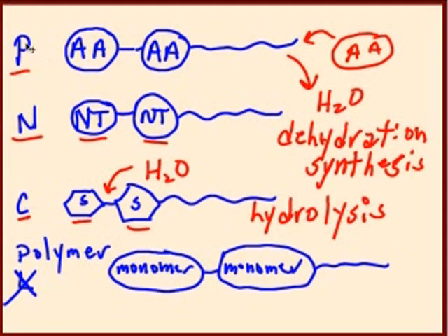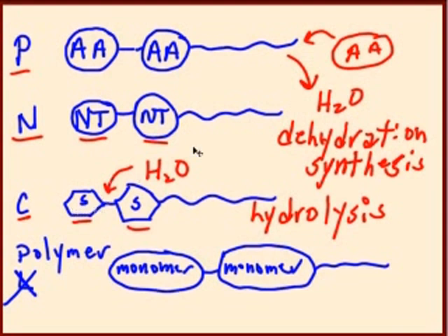Each of these 3 macromolecules is a polymer, and each one is comprised of numerous monomers. In the case of the protein, the monomers are amino acids. In the case of the nucleic acids, the monomers are nucleotides. In the case of carbohydrates, the monomers are sugars.